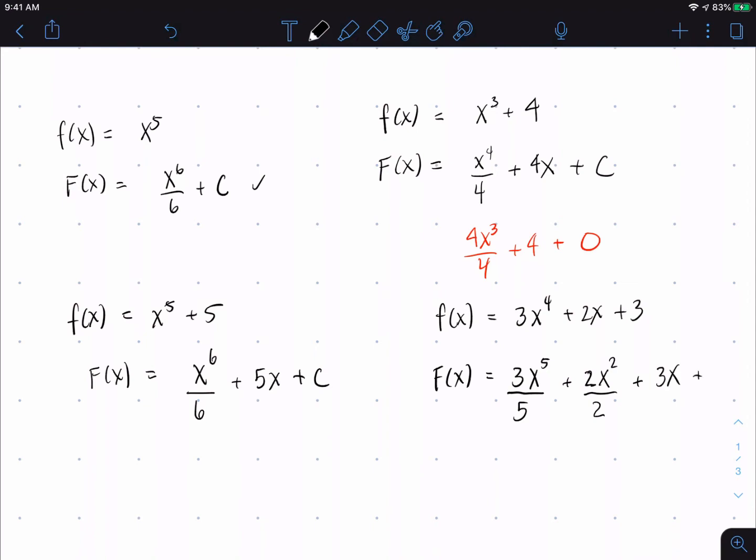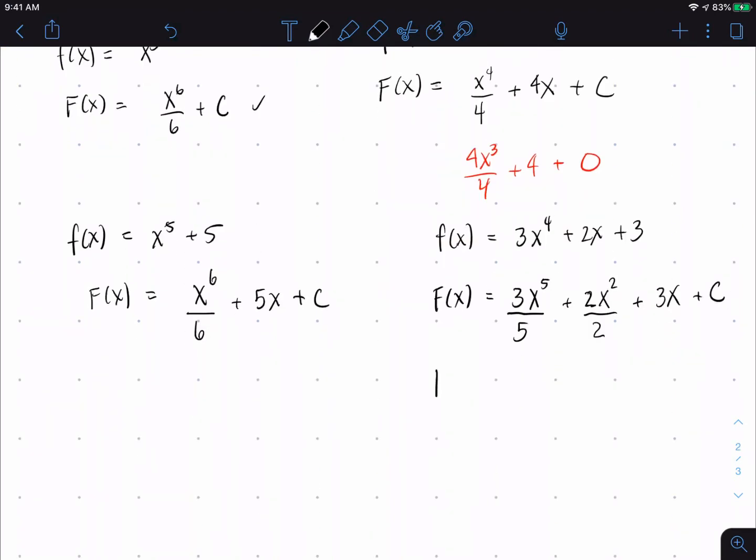And now we have to add our constant. Now we can clean that up, and we'll get 3/5 x to the fifth plus x squared plus 3x plus some constant c. Does that make sense to you?